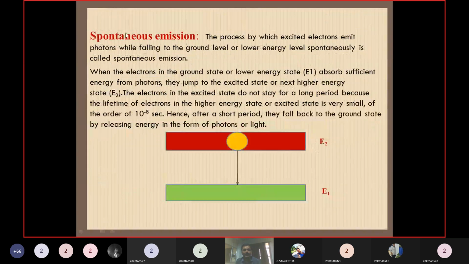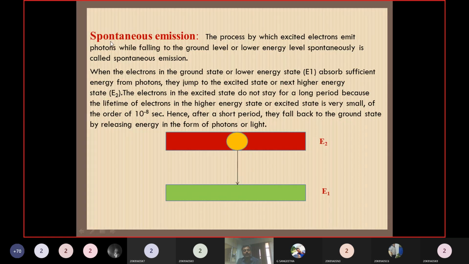Now coming to the spontaneous emission. Here the emission process occurs: the electron jumps from a higher energy state to a lower energy state. This process occurs naturally, that means without giving any external source. After completion of the lifetime of the electron in the excited state, it comes to the ground state.